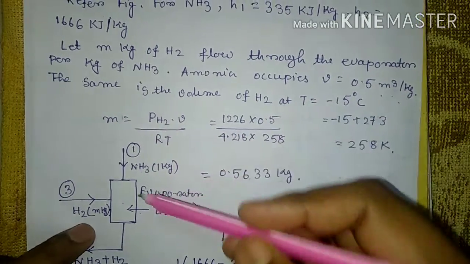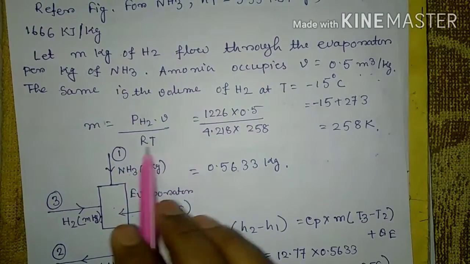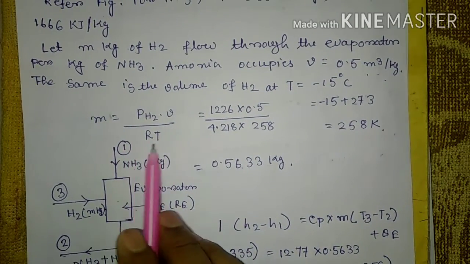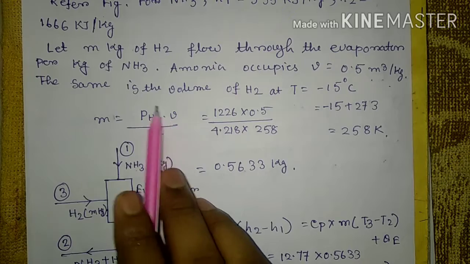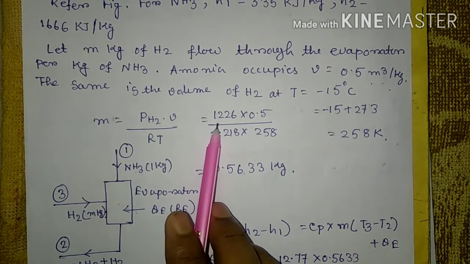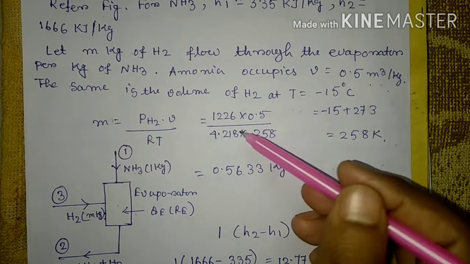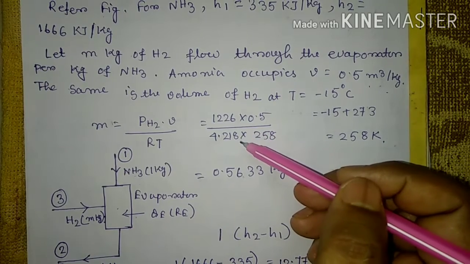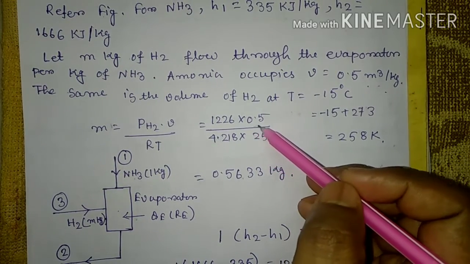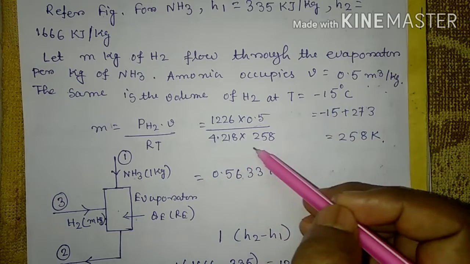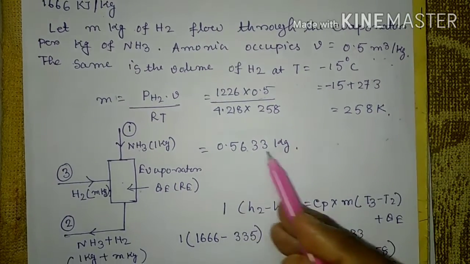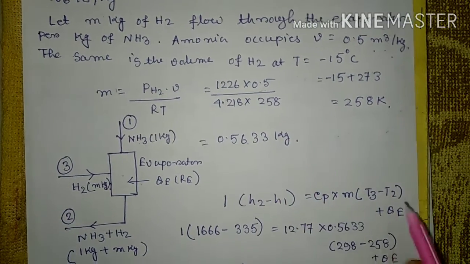From that equation, M equals pH2 into V divided by R into T. The pressure pH2 is 1226, into 0.52, the specific volume. R and T are given, so M will be 0.5633 kg.